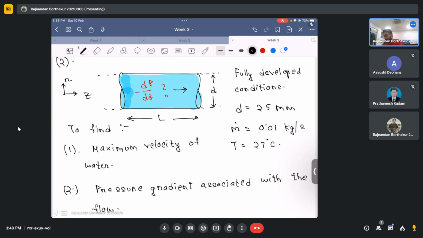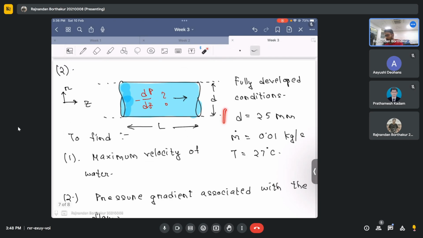Okay, so see the problem first, think about it, and then can you tell me how do we go on and evaluate this? And these are the given values that they have already said to us, that the diameter is known, the mass flow rate is known, and temperature, although we don't need to use it explicitly, is also given to us.